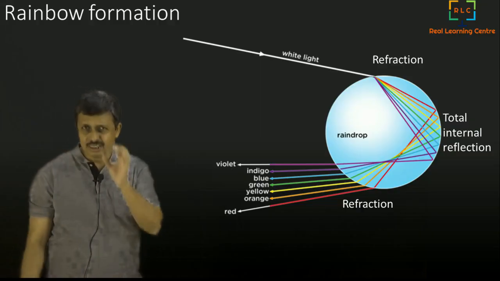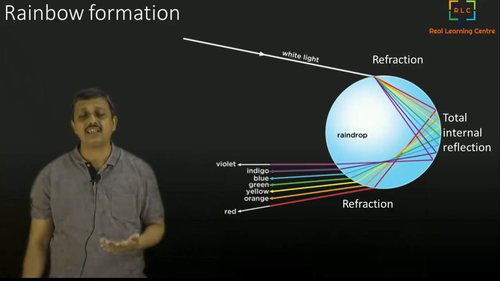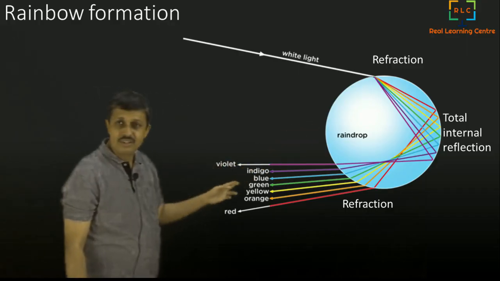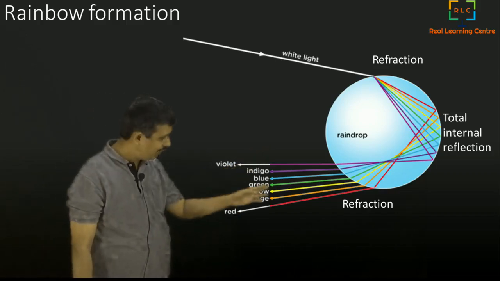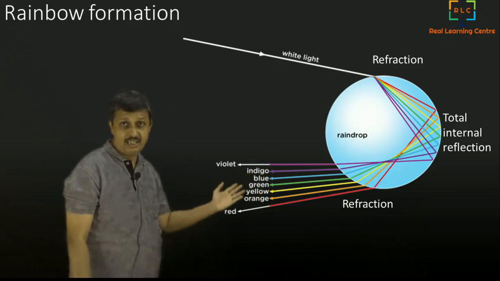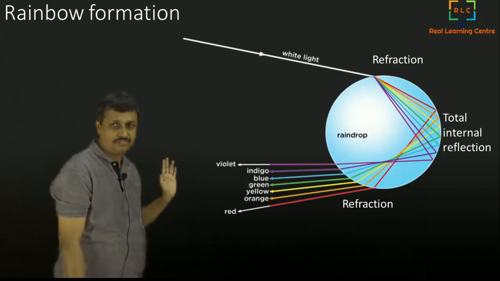If the droplet is so small that these angles are generally more than the critical angle, the light reflects. And when it reflects and hits this side again, it is going from denser to rarer, but this time it is normal refraction and it goes away.